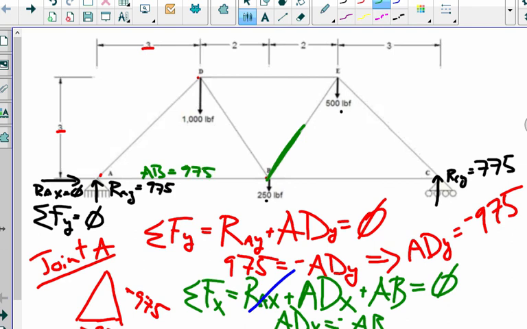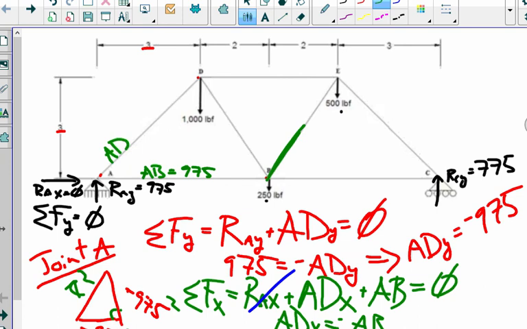Okay? Now, what about AD? We know that ADX is negative 975. We know that ADY is negative 975. So what does that mean? How are we going to figure out what actual AD is? Well, think about it this way. We have Pythagorean theorem over here. We have a right triangle. Okay? So it's 975 squared plus 975 squared will give you your answer squared, C squared. All right?